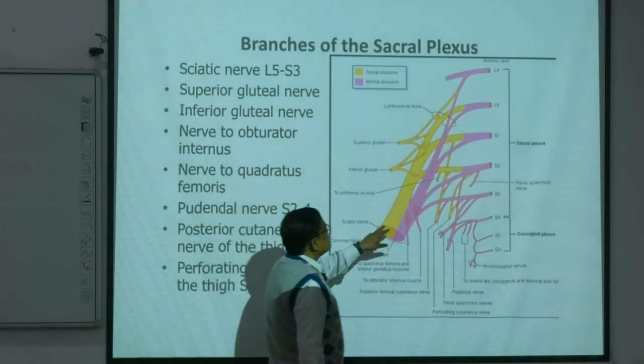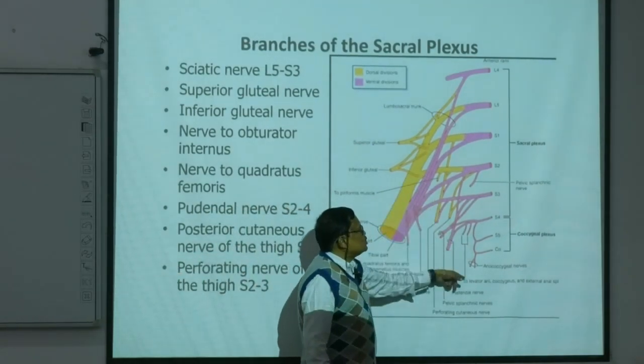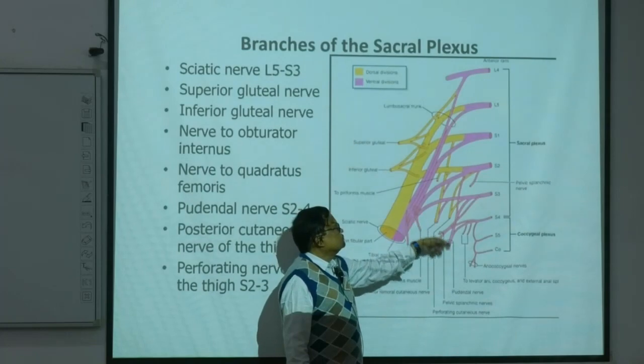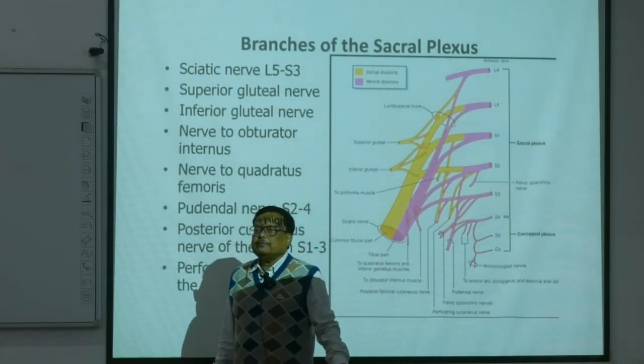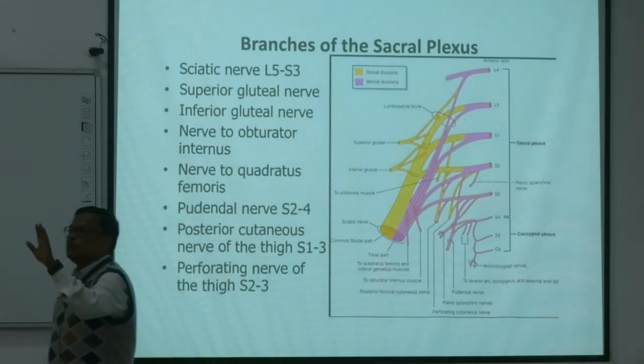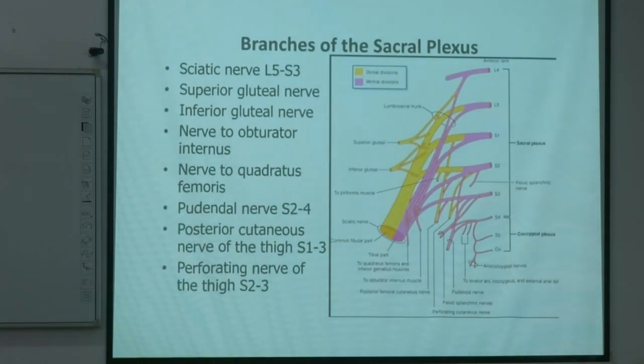The root value of the sciatic nerve is L4, L5, S1, S2, S3, S4. All the roots of the sacral plexus are taken up by the sciatic nerve.